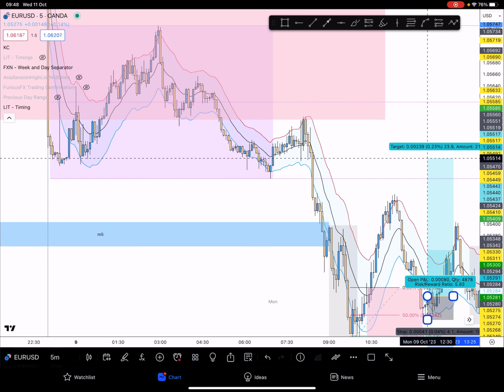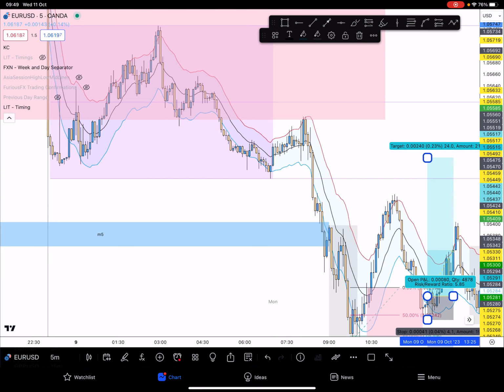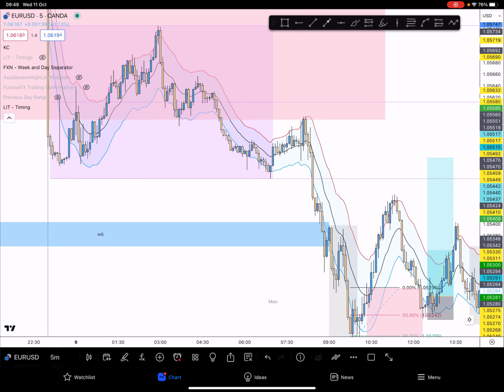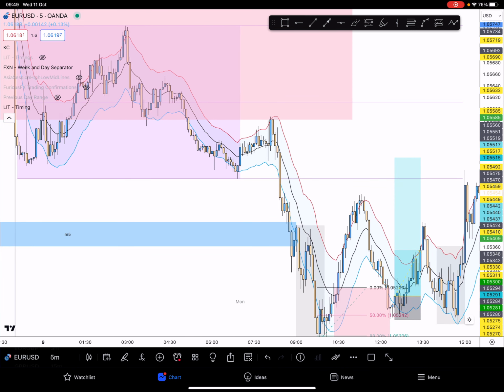I see this imbalance, so this imbalance needs to be filled. So this ends up being the trade. Is it a 1 to 5? Yes, it's a 1 to 5, so you could take it. So with that being said, let me see.